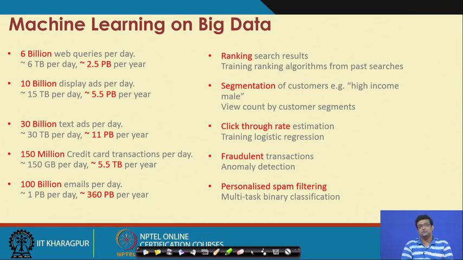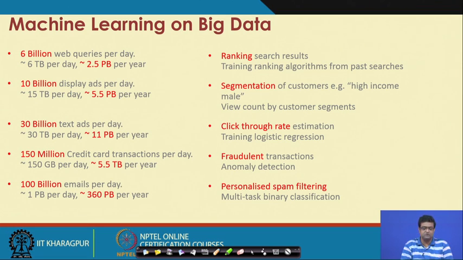Okay. So, similarly, you may want to do a segmentation of customers who are shown the display ad. So, for example, you may want to characterize the customers into high income male, maybe low income male, and so on and so forth. Okay.